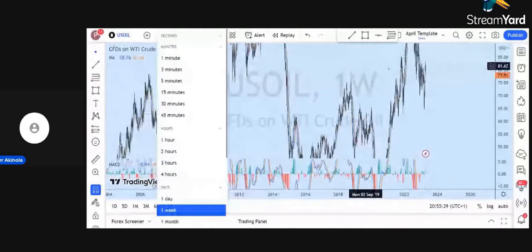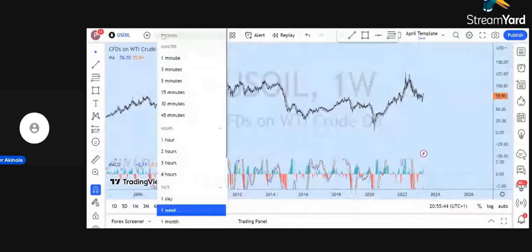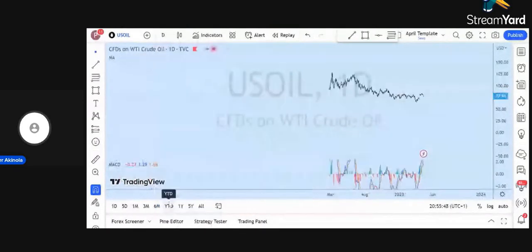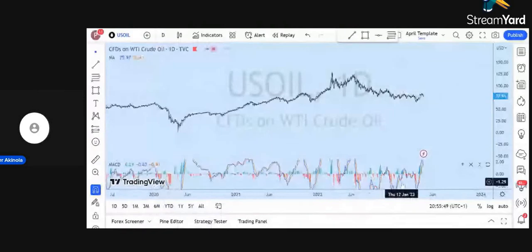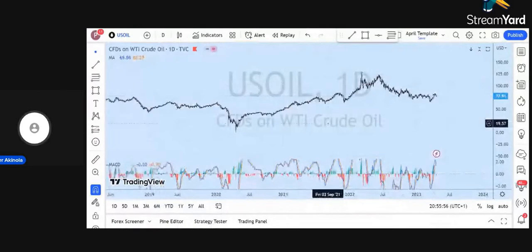So you don't have to go to derivative again. There's a broker in Nigeria that enables you to trade volatility index. So I'll be sharing it when I'm done testing.